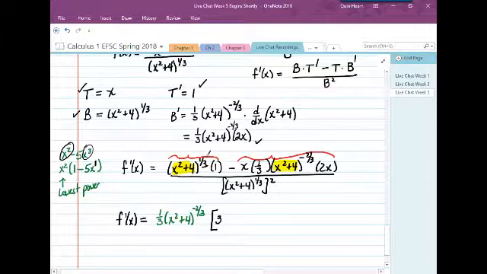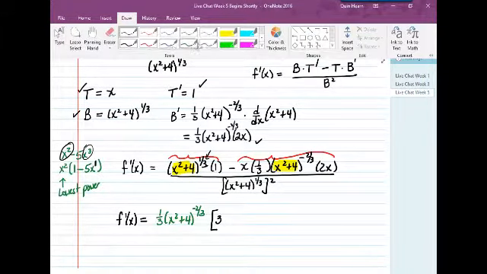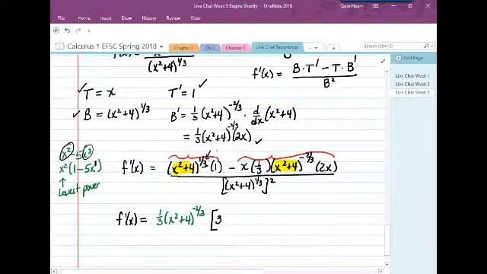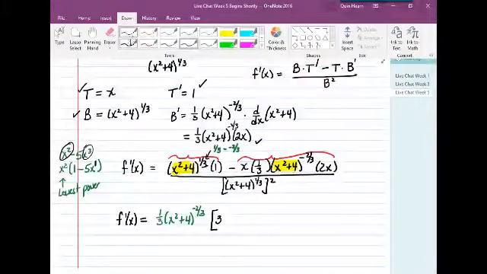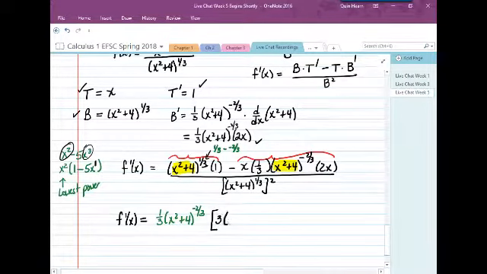So for this power here, we're going to have to subtract 1/3 minus what we took away, which was negative 2/3. So that's going to add up to 3/3 or 1. That often happens, that the exponent goes away when we do this. So x squared plus 4 to the first power is left, and we don't really need to write the 1.